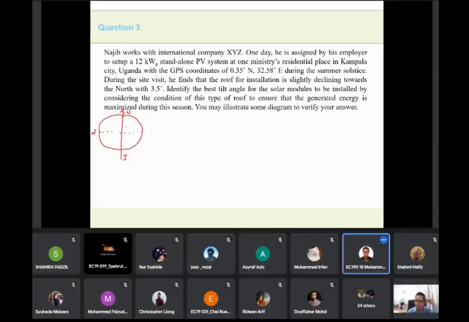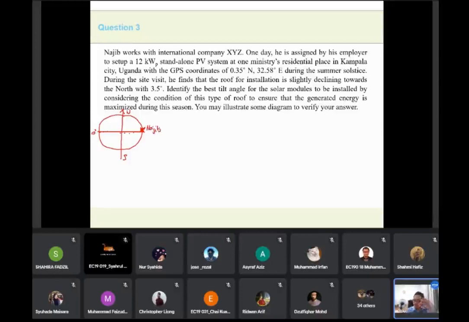We put the 0.35 north. We find the location of Najib. Not his real name, okay? Maybe almost close to the equator. Okay, here, Najib.